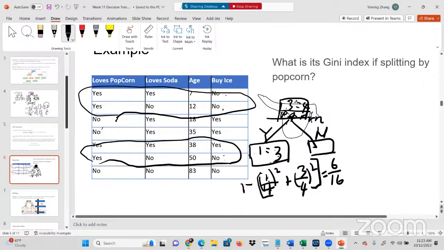So for people who don't love popcorn, how many buy ice cream? 2 buy ice cream, and 1 didn't buy.